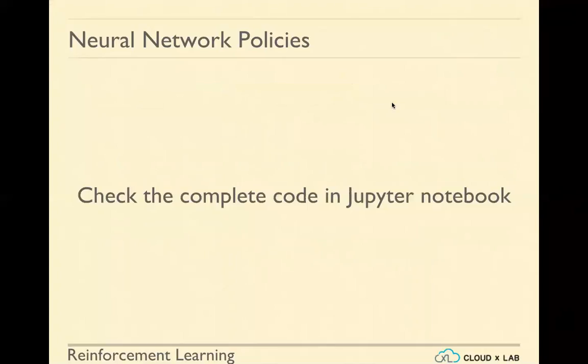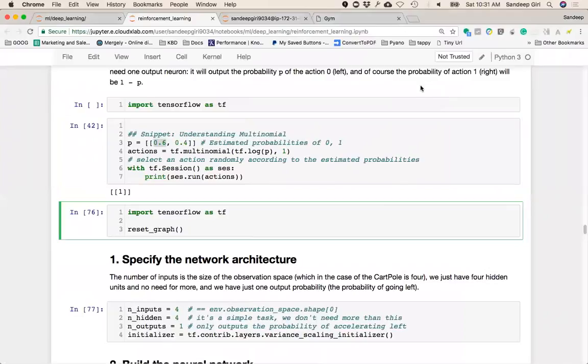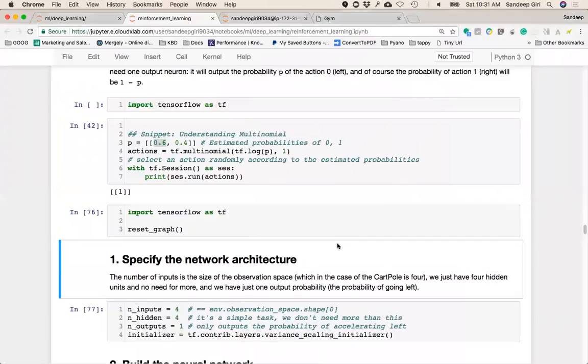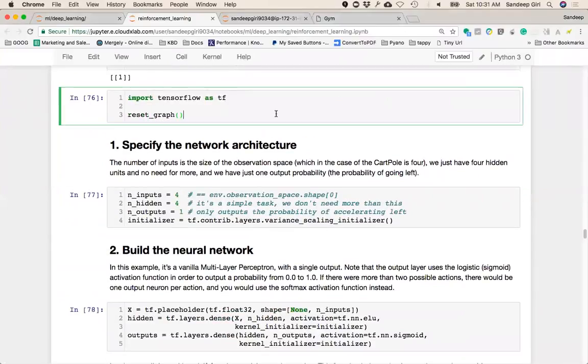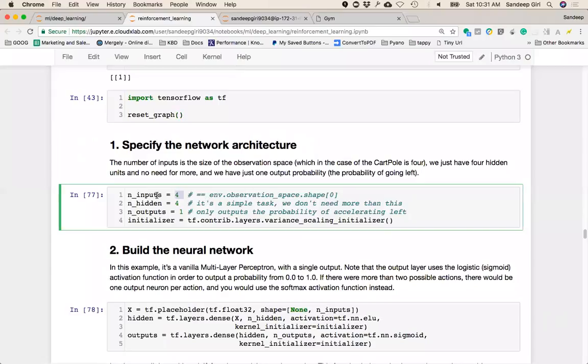Now let's move on to the actual code. So let's reset the graph. Here we are going to create our neural network. Is everybody with me on this? Here we are saying that the number of inputs is 4. Why? Because there are 4 observations coming from the environment.